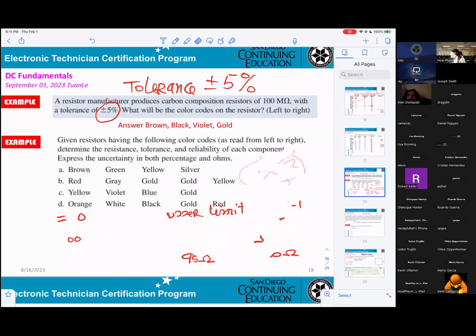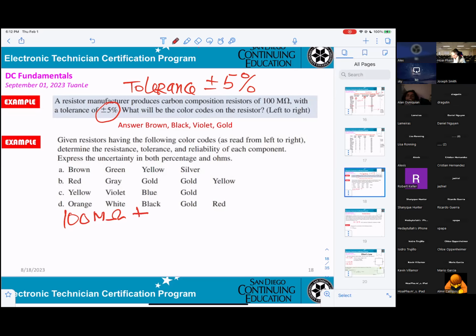I can calculate quickly here. What value did he give? 100 mega ohm. So you need to take 5% of 100 mega ohm, plus and minus what they give, 5%.